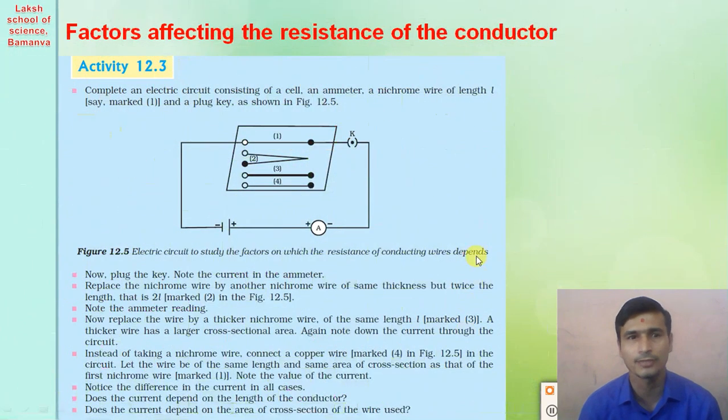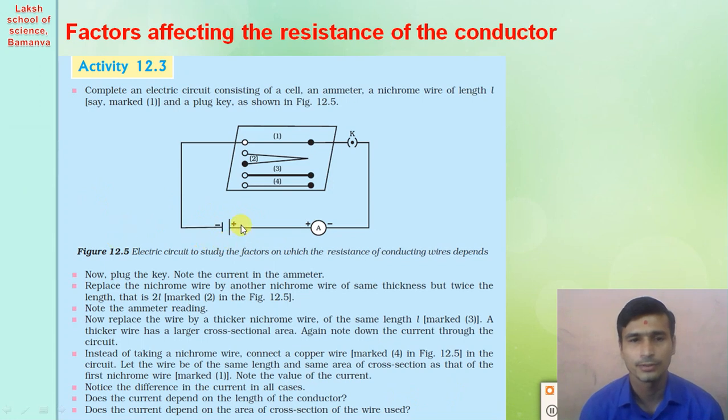So we start with activity number 12.3 given in your textbooks, showing how the resistance of the conductor depends on its dimension. As per the activity, consider a complete electric circuit consisting of a cell, ammeter, and a nichrome wire of different lengths. So we take one electric cell. Instead of one electric cell, we can take more than one electric cell if we require more potential difference.